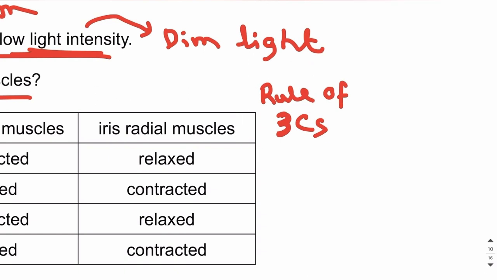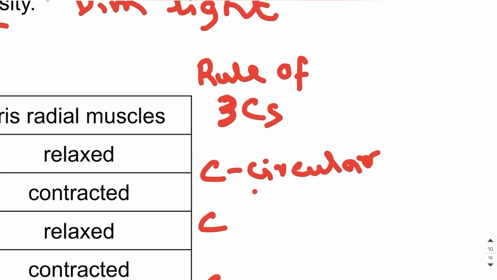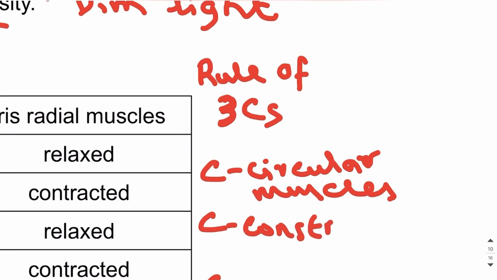The rule of 3 C's, what does it say? That whenever circular muscles contract, it causes constriction of the pupil, right?